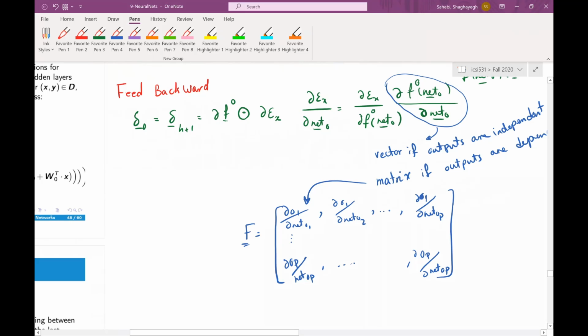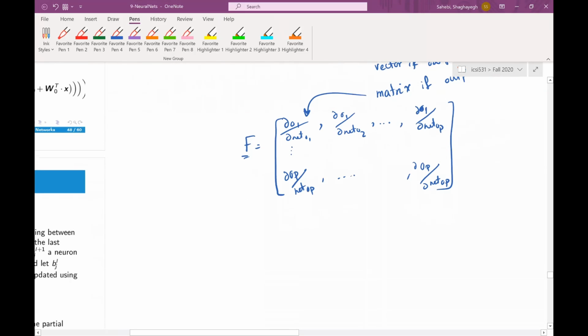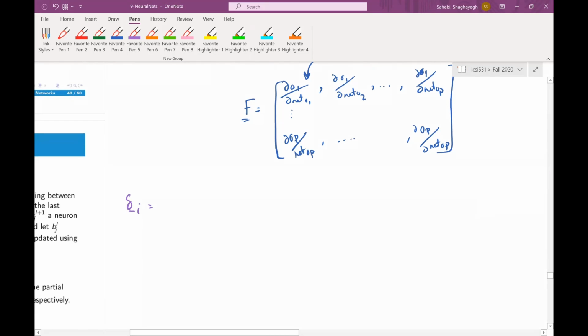For all other layers, we are going to have delta I, which we can write as the derivative of Fi, the activation function in that layer, element-wise product with Wi dot delta I plus 1.